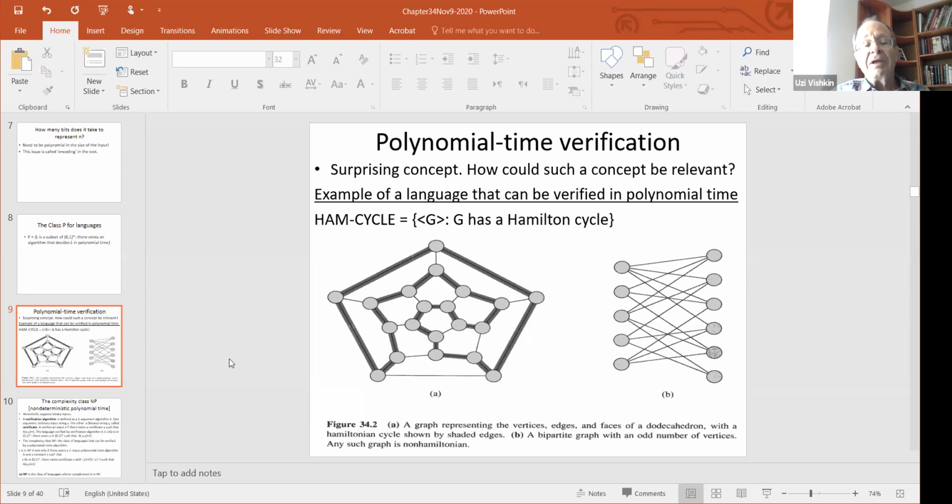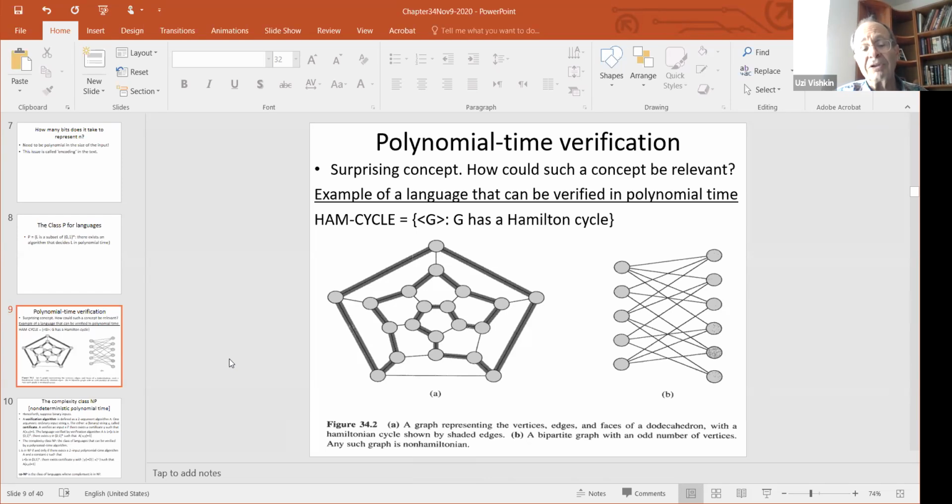Okay. So now a graph which has a Hamilton cycle is in the language Ham cycle, and a graph that does not have a Hamilton cycle is not.